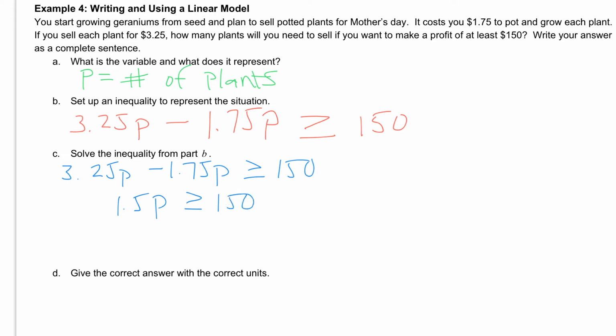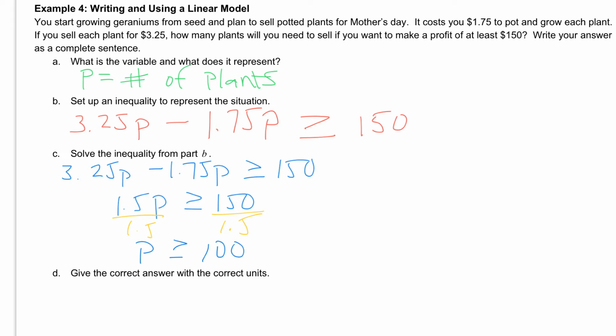And then we need to go ahead and solve for P. Since it's being multiplied by 1.5, we can divide both sides by 1.5. So we divide on the left by 1.5 and divide on the right by 1.5. And this gives us P is greater than or equal to 100.